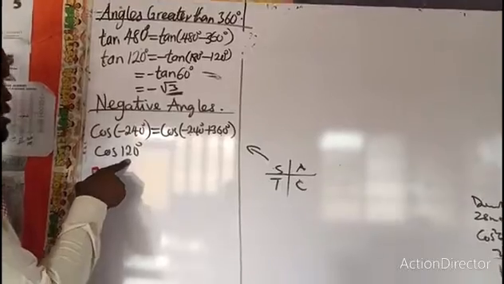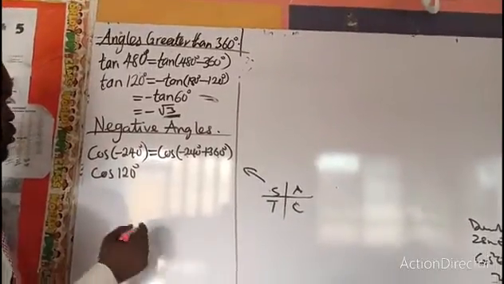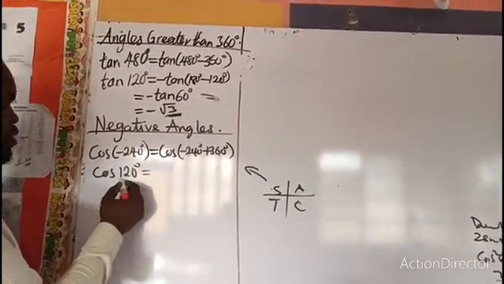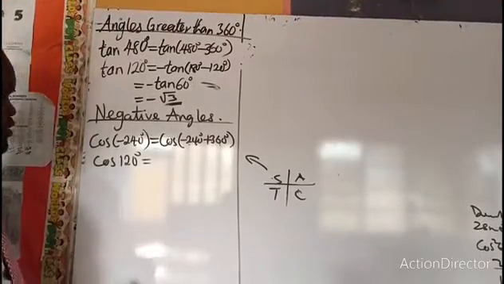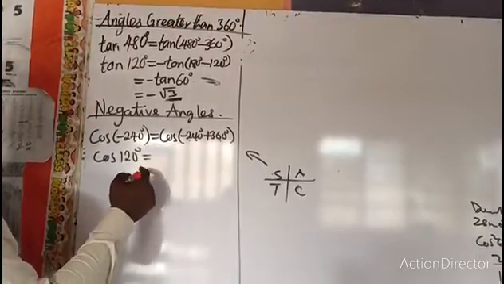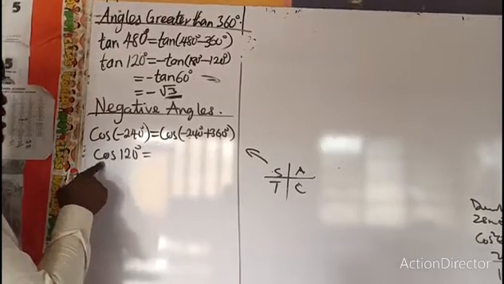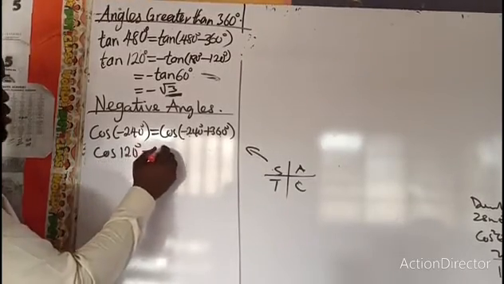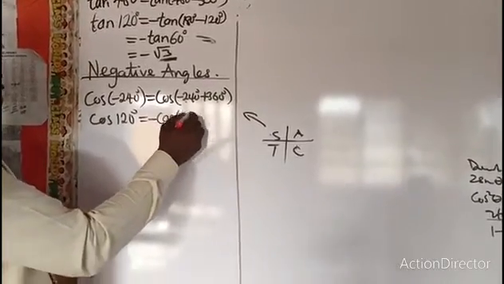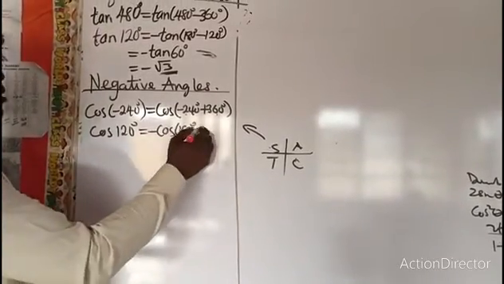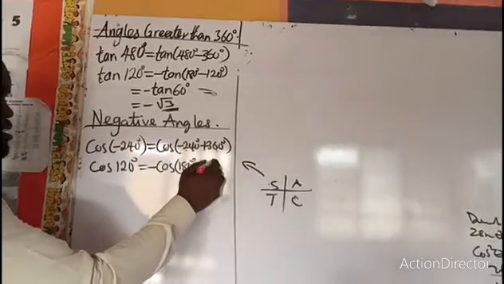Now that it is positive, we can solve it as usual, checking what quadrant 120 degrees falls into. What quadrant is that? Second quadrant. What is cos in the second quadrant? Minus. So we say minus cos of 180 degrees minus 120 degrees.